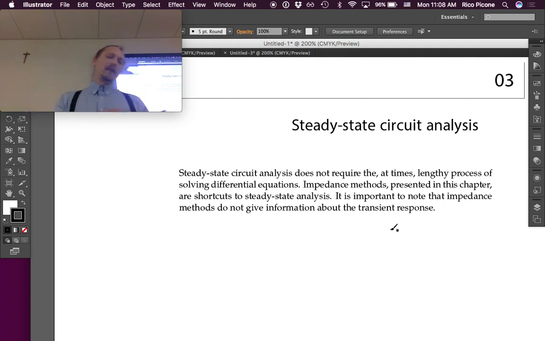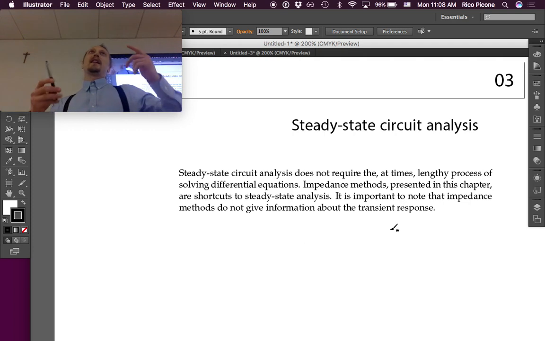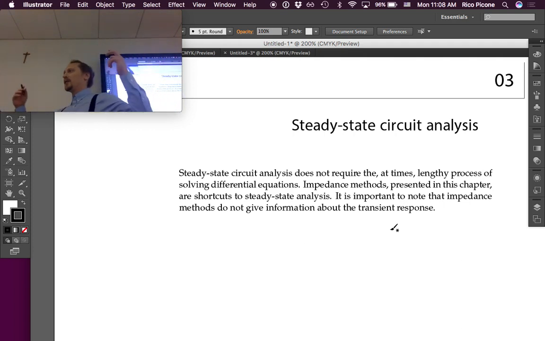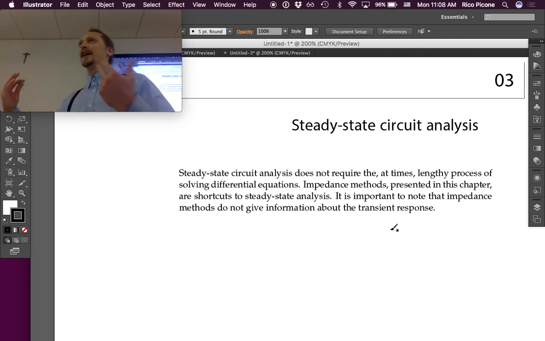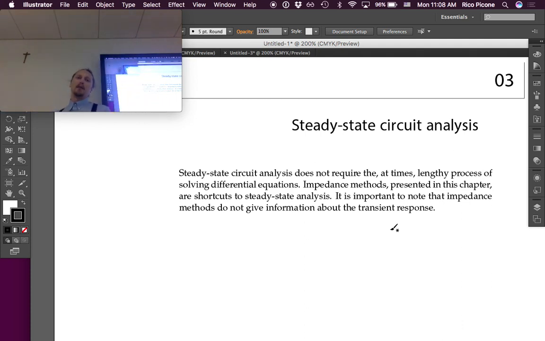So let's review the bidding. We started out with the fundamentals. We did some really basic circuit analysis just based on the laws that we knew, right? We knew how to do Ohm's law and Kirchhoff's current law and voltage law, etc. And then we introduced some new elements, the capacitor and the inductor, and did some real circuit analysis a little bit more systematically.